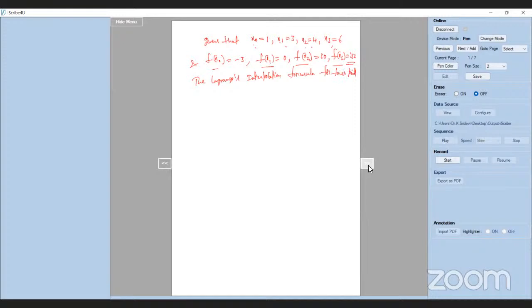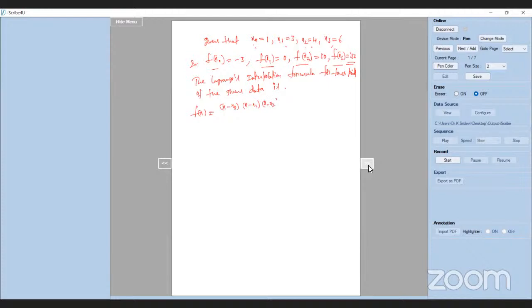4 points of the given data is f of x is equal to, so write the formula. First, compulsory we have to write the formula. x minus x naught, x minus x1, x minus x.